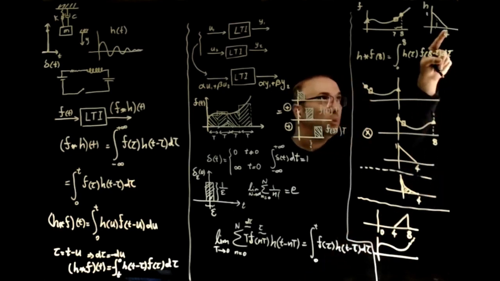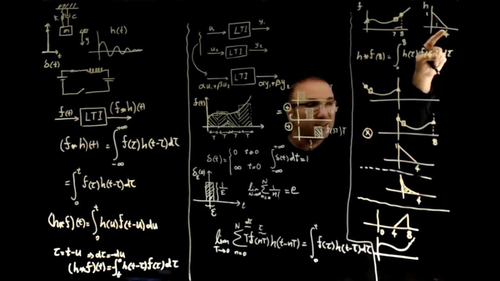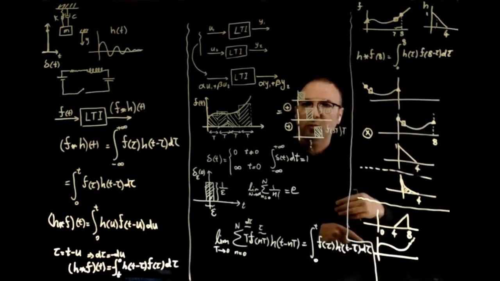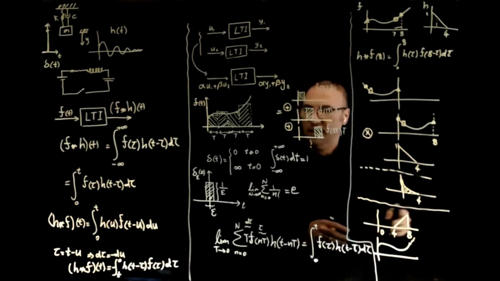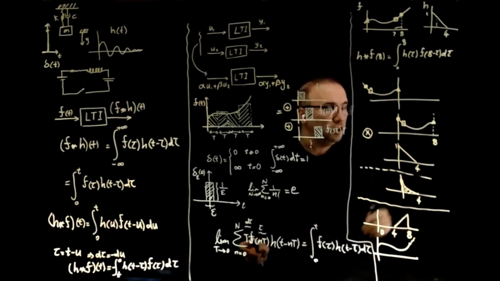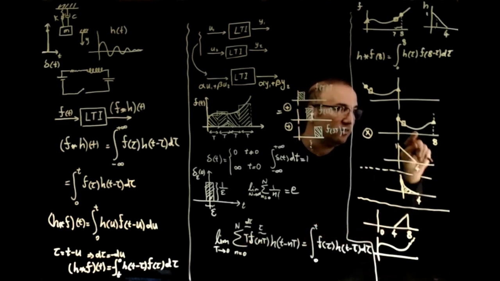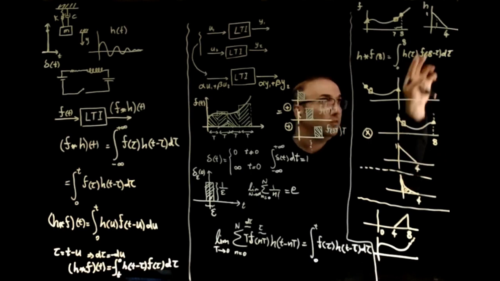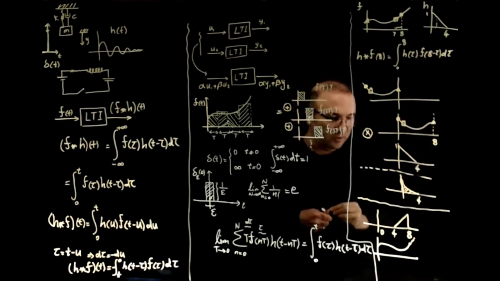And because the impulse response takes 4 seconds to apply, anything that happens before it, the impulse response has already died. So it doesn't contribute to that summation. The same thing here. Anything past 4 seconds doesn't contribute to the summation. So it is gone already because the impulse response just takes 4 seconds.